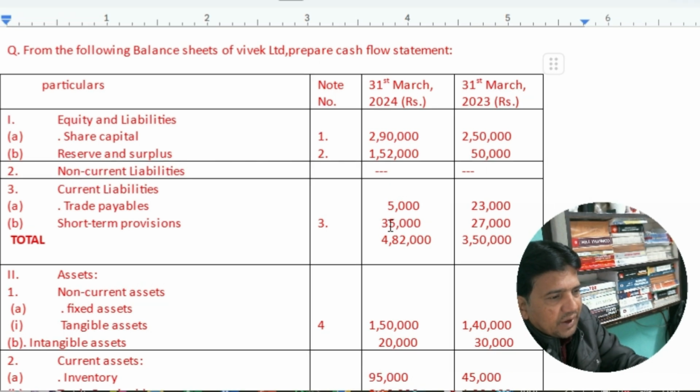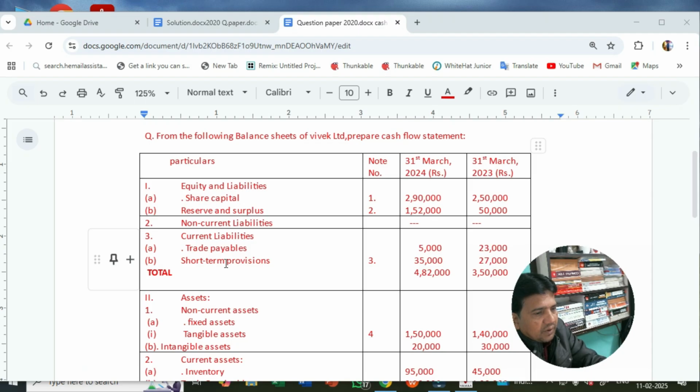That means the profit and loss account is decreased by 8,000 because that amount was transferred to short-term provisions. Short-term provisions are created out of the profit and loss account balance.